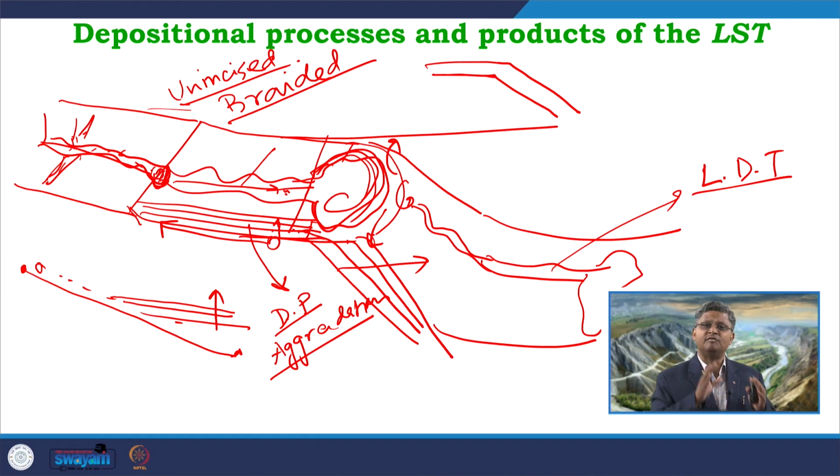So, we are getting a very well developed shelf edge delta. And the fourth one, low density turbidites are forming in the deep basinal part on the basin floor, and they are forming part of the submarine fan. So, these are the major depositional events and the corresponding products that we can expect during LST in the overall depositional basin, starting from the fluvial part to the deep basinal part.